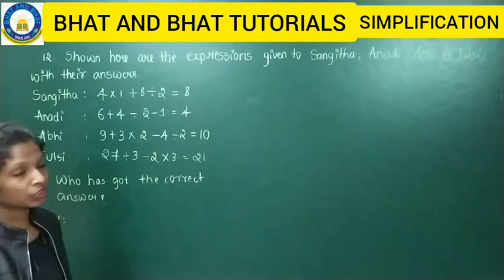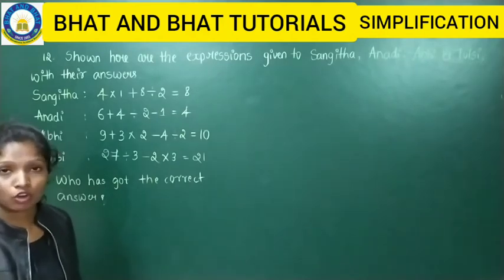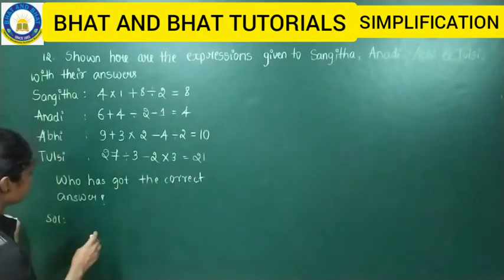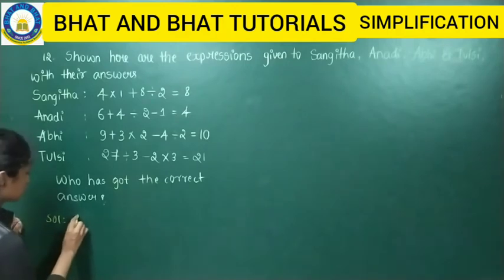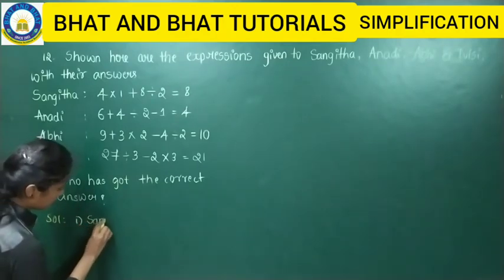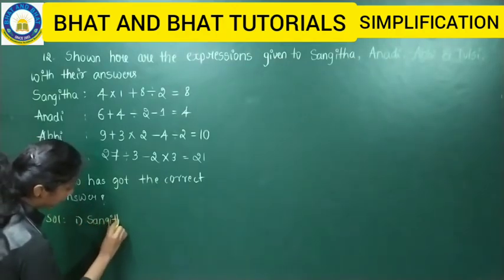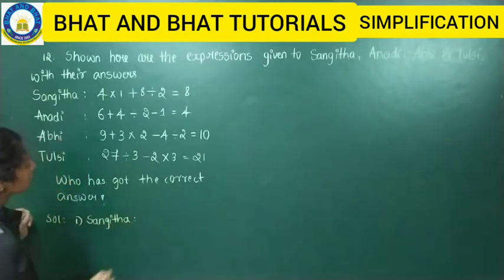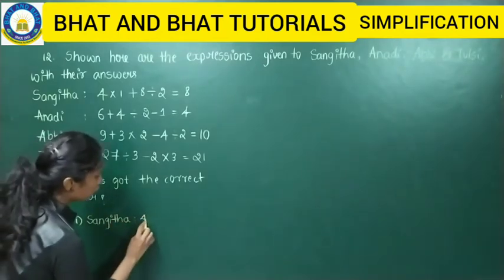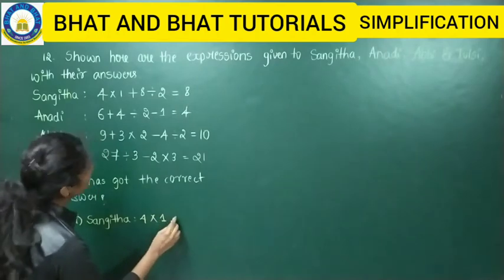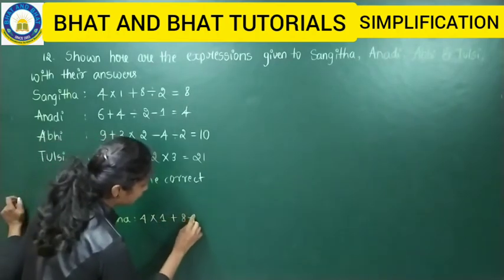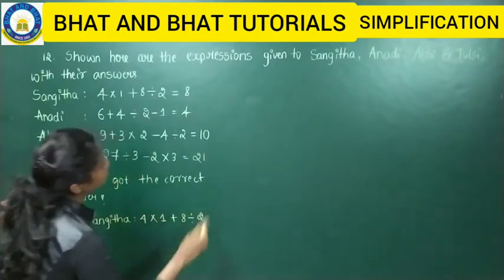So how will we solve? Based on the rule of BODMAS, we will be solving. First is Sangeeta. Let us solve that first. Her expression is 4 into 1 plus 8 divided by 2.